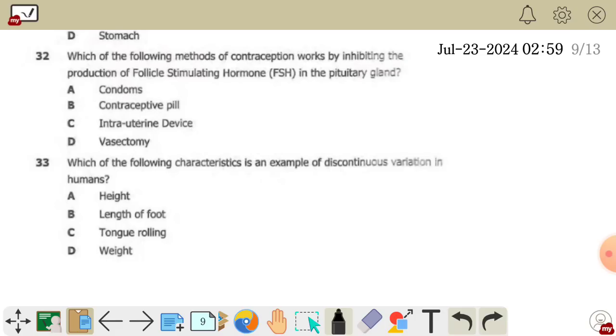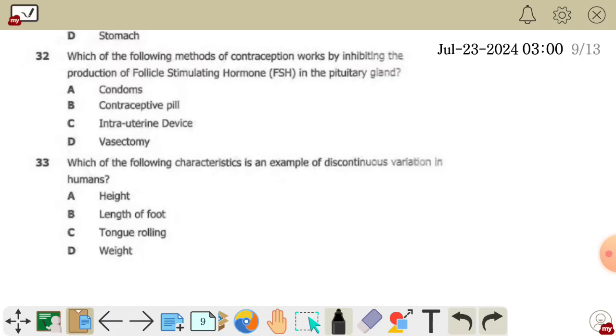So it will inhibit the pituitary gland from releasing what we call follicle-stimulating hormone. So this follicle-stimulating hormone will go to the ovary and stimulate it to release the follicle, which is fertilized by the sperm. Condom is the barrier method. It doesn't involve the hormones.